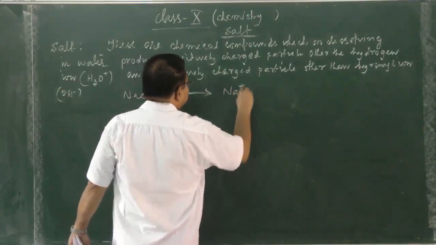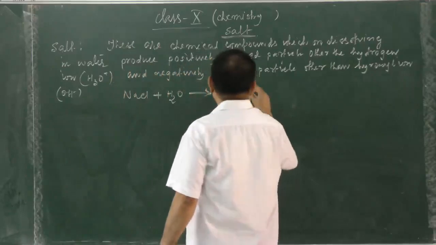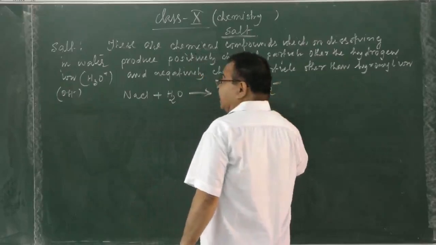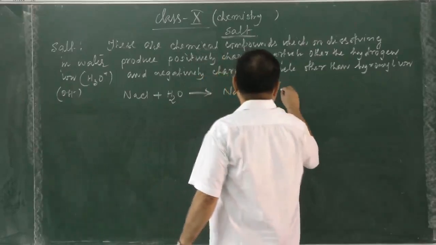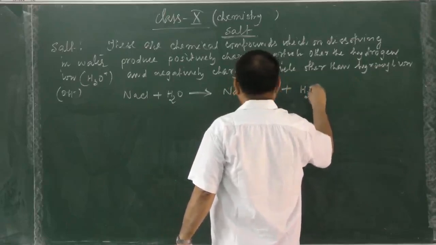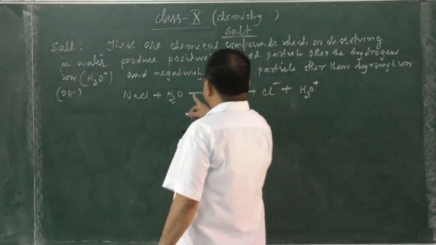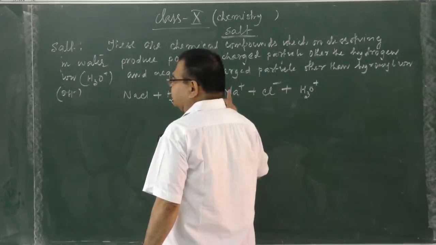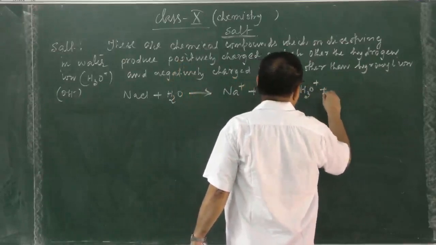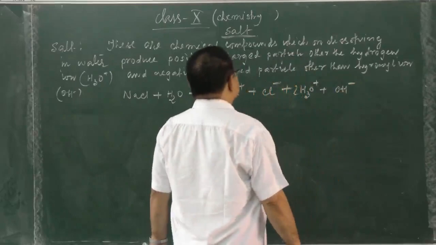Na plus, that is one positive ion other than hydrogen ion. Cl minus, that is another negative ion other than hydroxyl ion. H3O plus is positive because it reacts with water, hydrogen ion, plus OH minus ion.